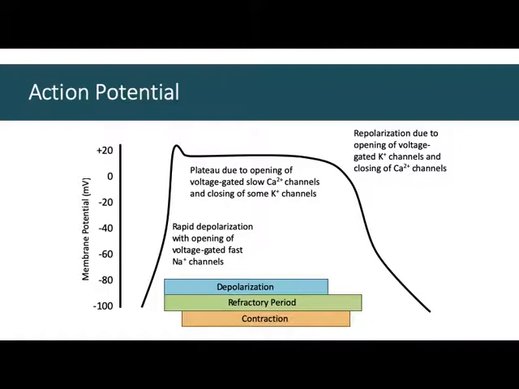Contraction lasts almost the entire period, and importantly, this is governed by an intrinsic refractory period. What that simply means is that a cell that's been depolarized can't be repolarized or can't trigger again for a certain amount of time.